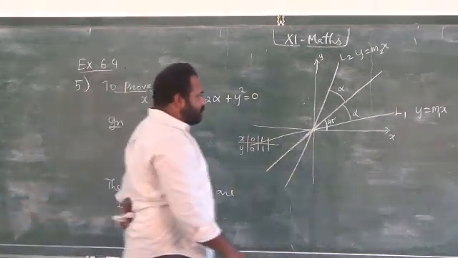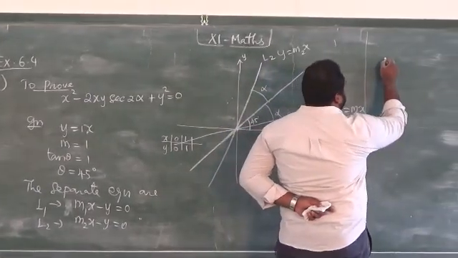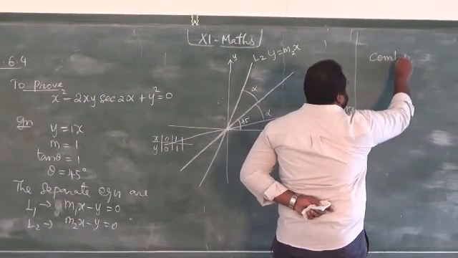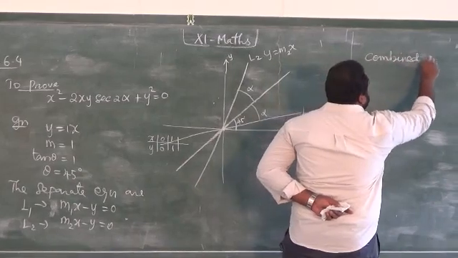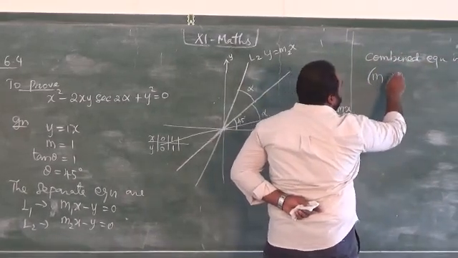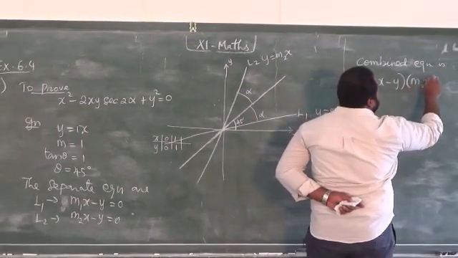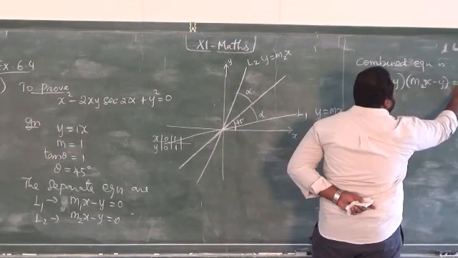Next I am going to find out the combined equation. Combined equation is m1x minus y into m2x minus y equal to 0.